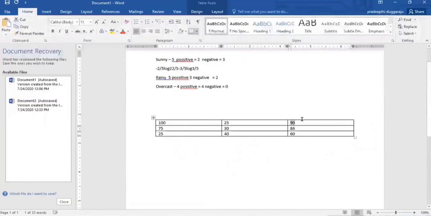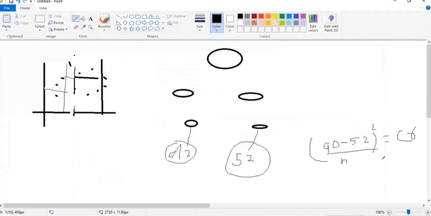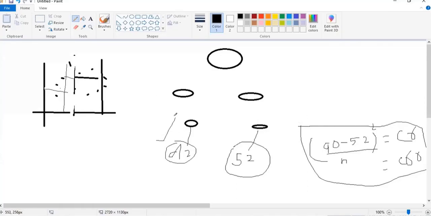Now the mean square error of 90 and 92 is calculated. So out of these two errors, which error is very small? First split or second split, guys? Second split. So this is considered the perfect split.